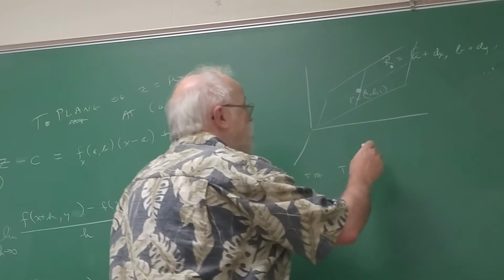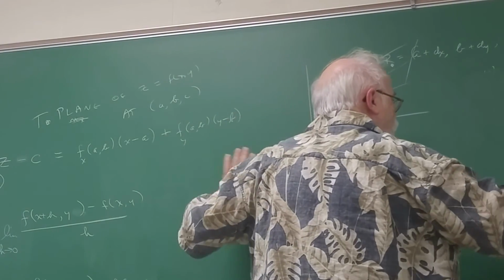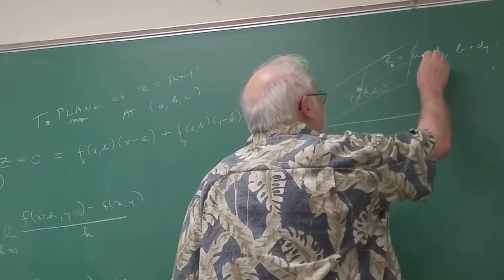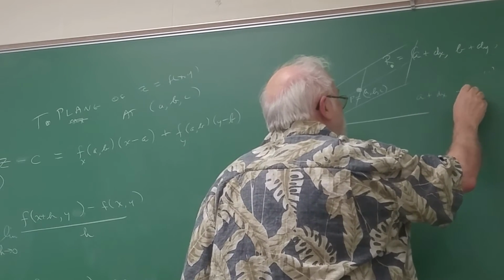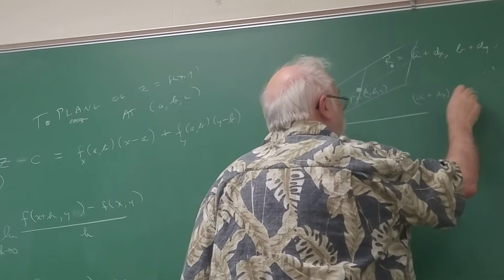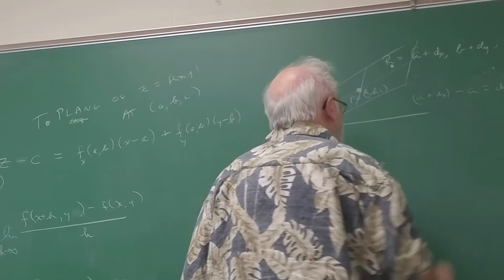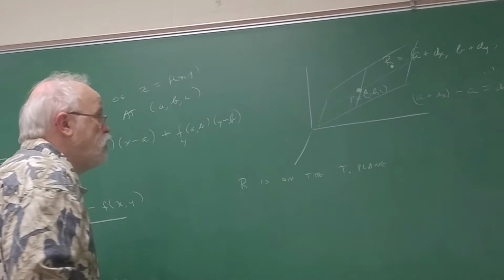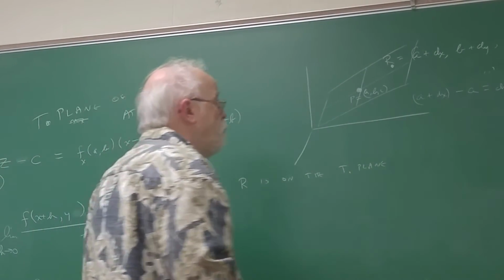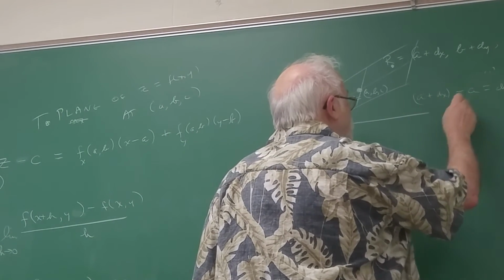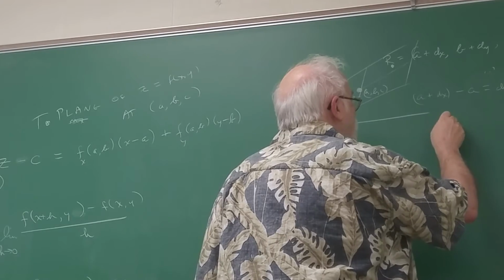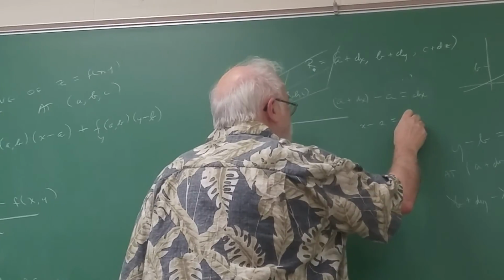And let's just say it this way. I'm not going to write it all out like I did before. But look, what is a plus dx minus a? Dx. It's just dx. So when I do x minus a, this x minus a is just dx.